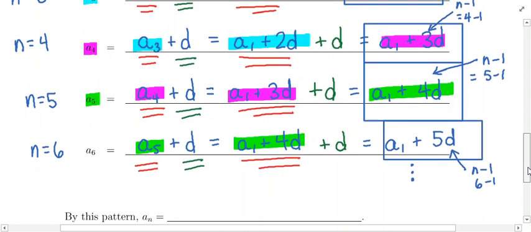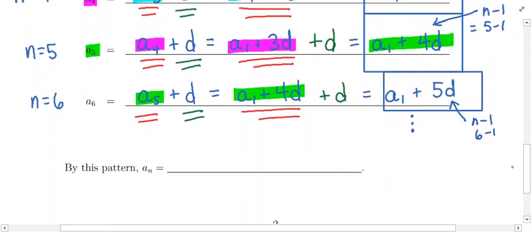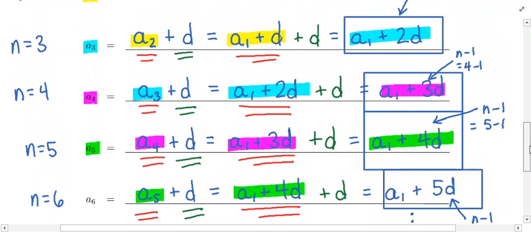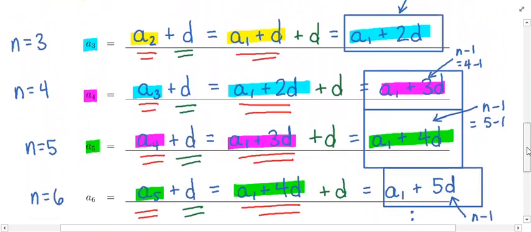So what this pattern is telling us is, to get an, the nth term, all you need to do is take A1, the first term, and add a multiple of the common difference. The number you're going to multiply D by is going to be the n value minus 1. That is what we have observed in these 6 terms that we generated.